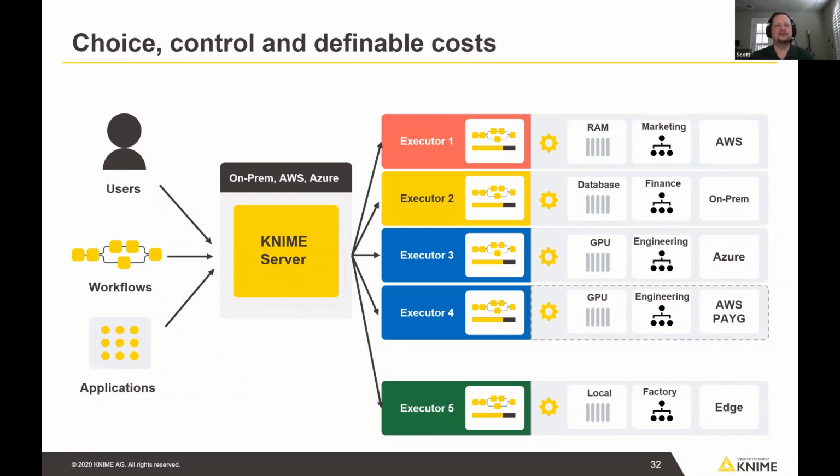They need more memory availability because they're pushing through a lot of data or something. Okay, that's fine. That may be different from executor group 4 down here in my engineering team, who've got to make sure that they have GPU because they're running some really heavy duty predictive models. I can set up executor groups to make sure that whether, again, it's on-prem or in the cloud, whatever executors and those machines are available to them is going to meet their needs.